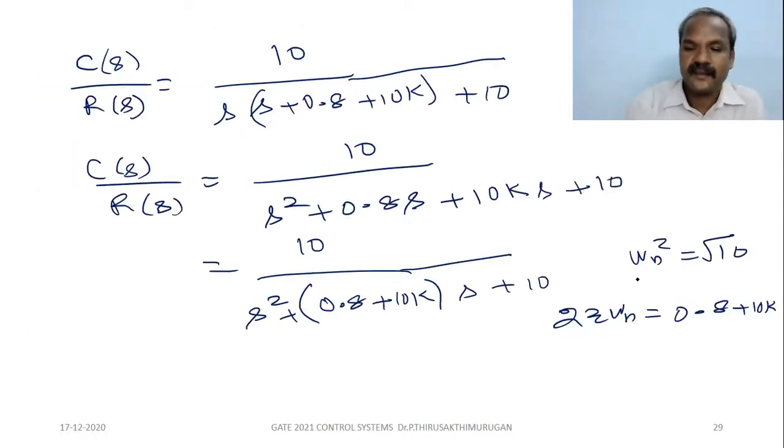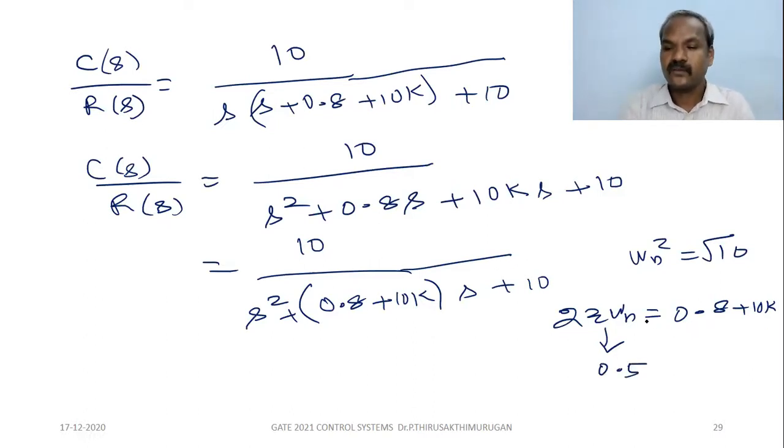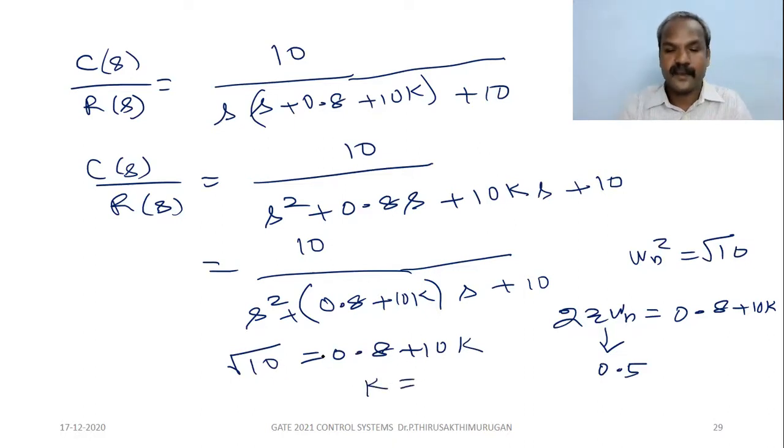We go back here, so zeta value is 0.5. So 2 into 0.5 into root 10 equal to 0.8 plus 10K. So 10K equal to root 10 minus 0.8.